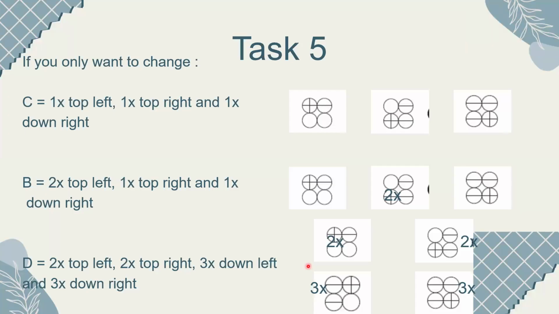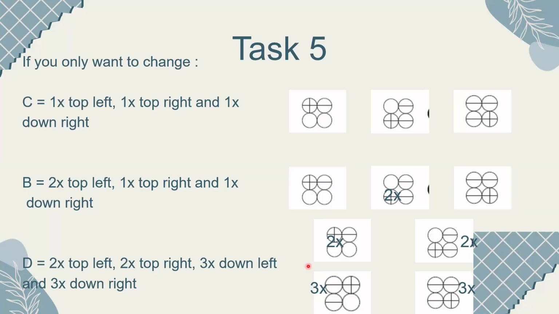For task 5, if you want to change the specific temperature of each plate, for plate C, you press the top right and the bottom one. For C it's -1, and if you press the third one, for C it's -1 again, so it's -3.